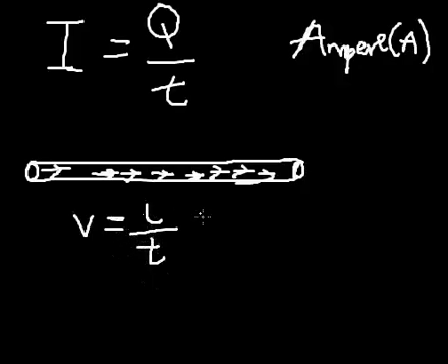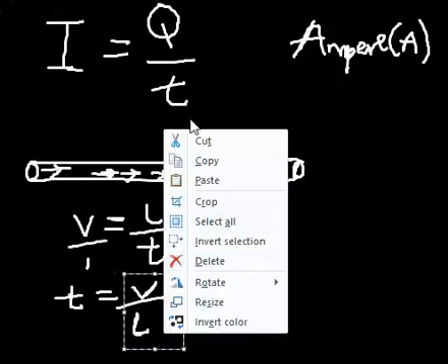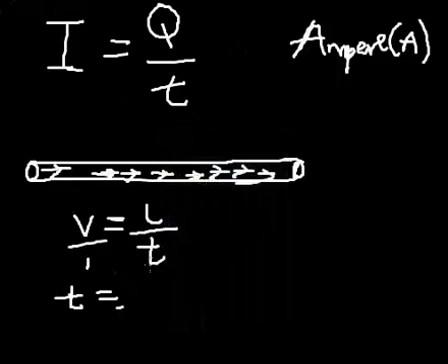Now if I make time the subject of the formula, I need to cross multiply. The time should give me, from this relationship, length divided by what? Velocity.